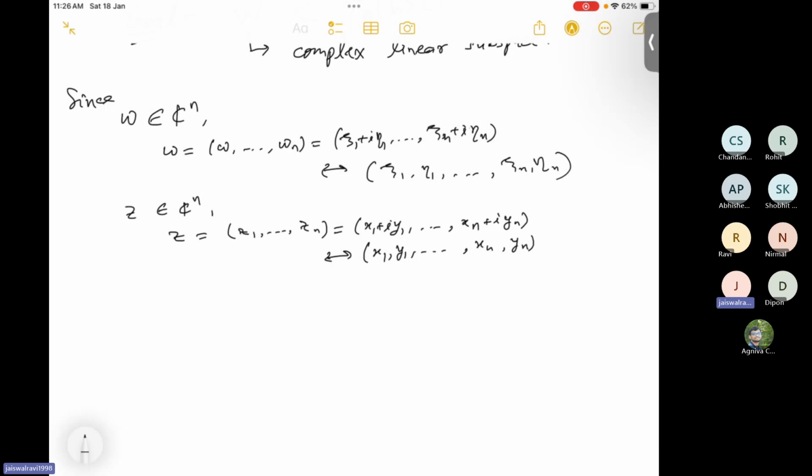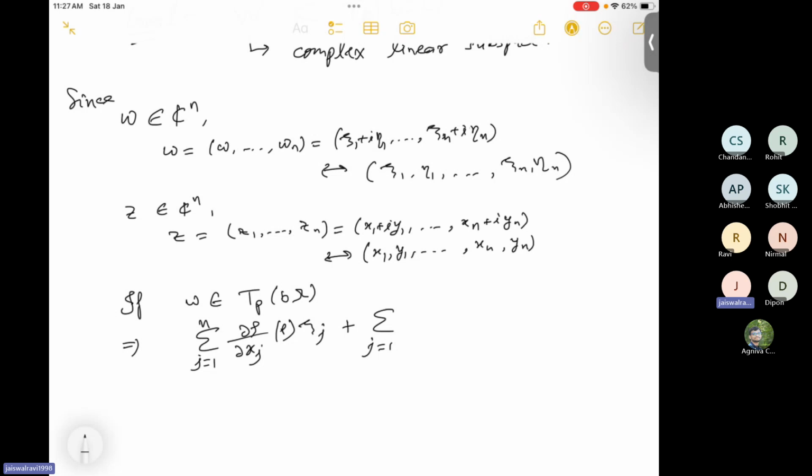Since w is in T_p boundary omega, by definition we can write the sum over j from 1 to n of del rho by del xj at p times xi j, plus the sum over j from 1 to n of del rho by del yj at p times eta j, equal to 0.